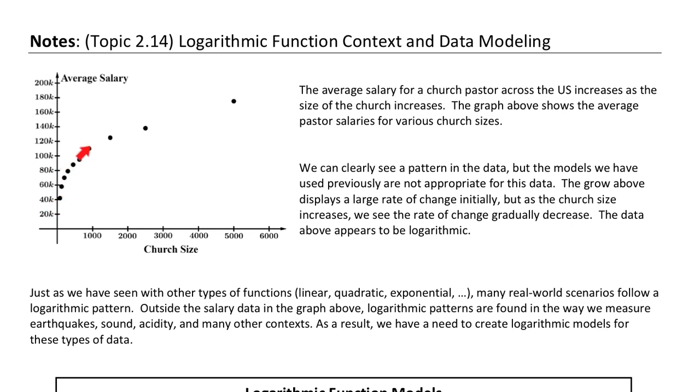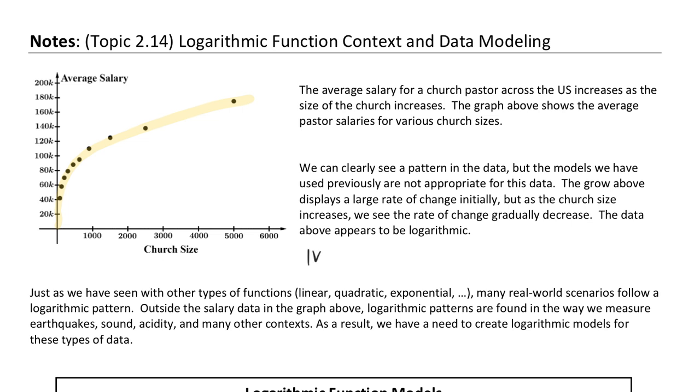But then as the church size increases, we see the rate of change gradually decrease. The bump up each time gets less and less. The data above appears to be logarithmic. So what we're saying here is that we see this sort of trend where we're increasing a lot at first, and then the rate at which we are increasing decreases.